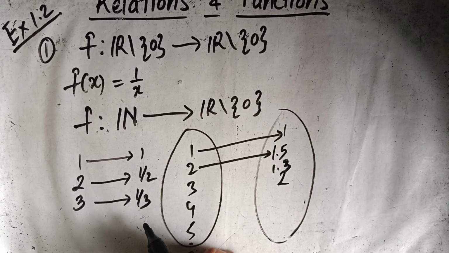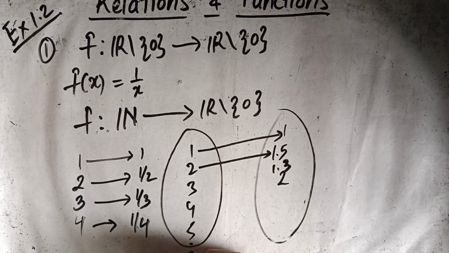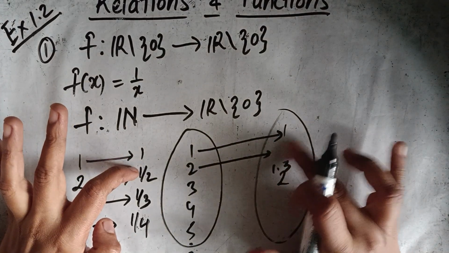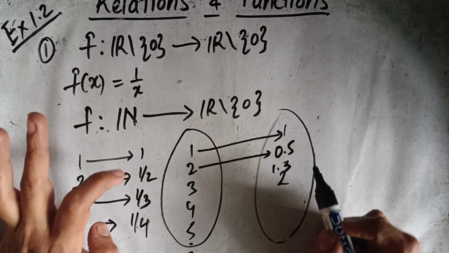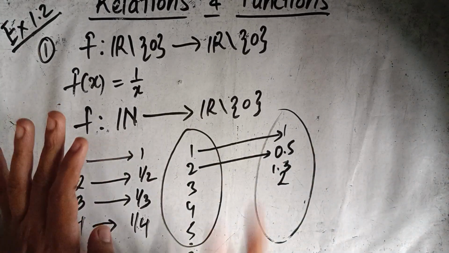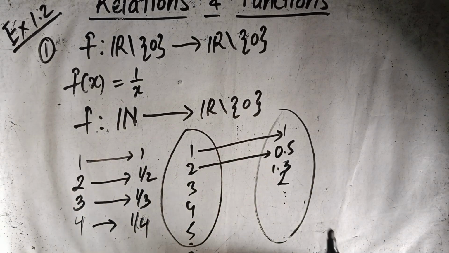Bigger numbers also you can take: 4, 1 by 4. So starting from 1, you will get 1, this is 0.5, not 1.5, 0.5. So you'll get numbers which are 1 and less than 1, that is less than or equal to 1. In this set you will not get numbers like 1.2, 1.3, that is greater than 1.